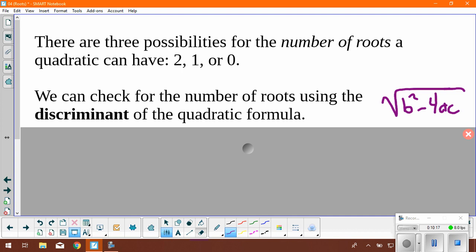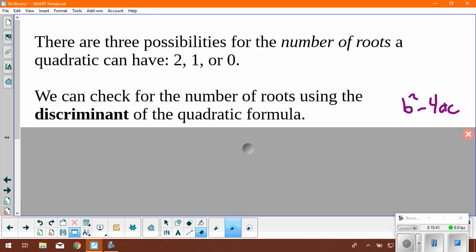If I just remove that square root sign and write down that portion, that's what the discriminant is, because the value of that tells us how many roots we're going to have. For example, in the last one we did, the negative under the square root sign indicated that we had no roots because I can't take a negative square root.